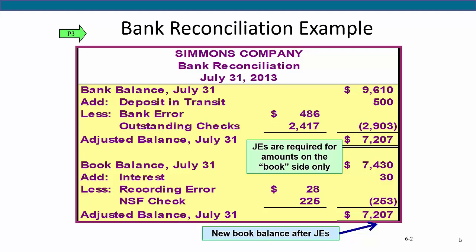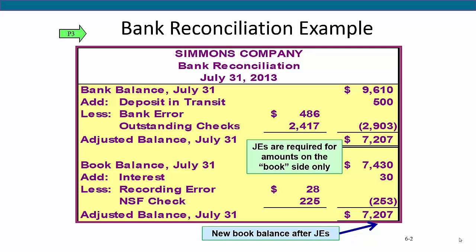In Simmons' reconciliation, the adjusted balance of $7,207 is the correct balance as of July 31st, but the company's accounting records show a $7,430 balance. We must prepare journal entries to adjust the book balance to the correct balance.